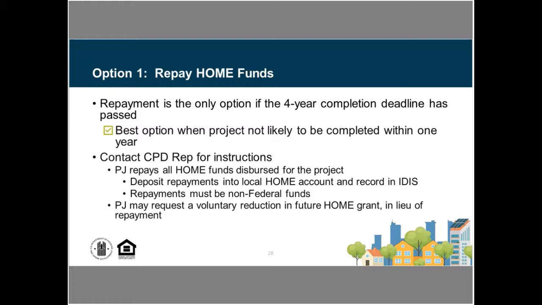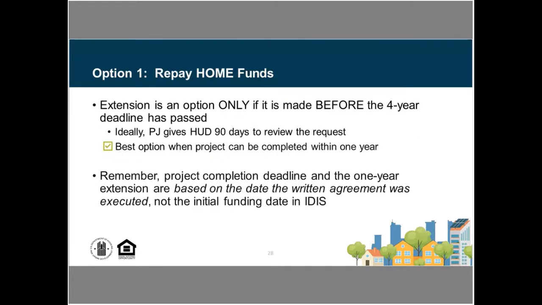And usually that's only done in a case where there is a financial hardship that the PJ essentially doesn't have access to non-federal funds to be able to make that repayment. And so in lieu of that, they are essentially giving up future funding from their future HOME grant. So that's the option of repaying our HOME funds.